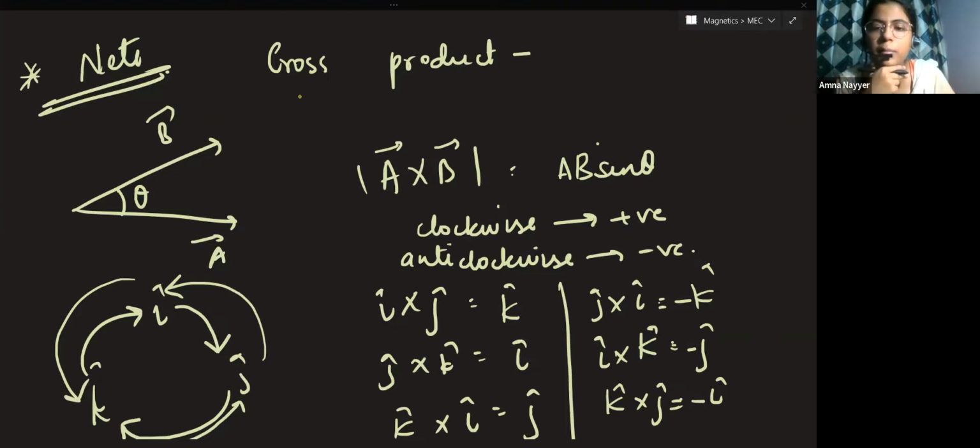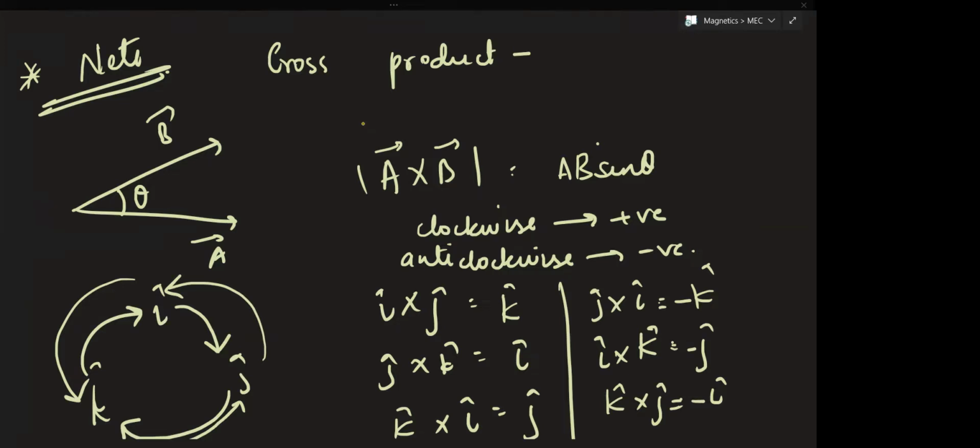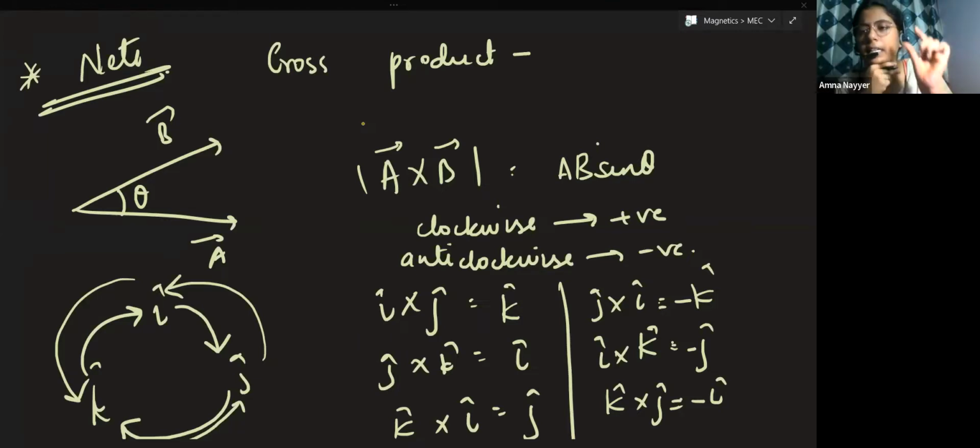Hiba, can you try? I, sin theta, something else with it. DL. Yes, right. DL is the current element.